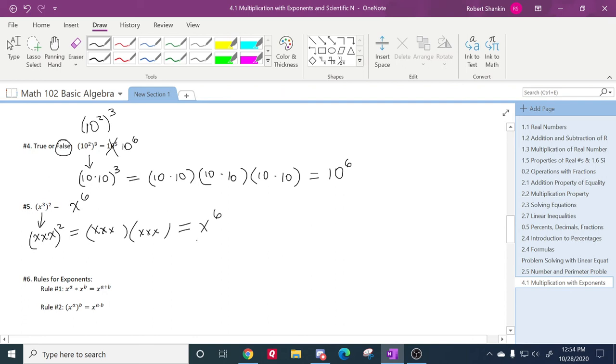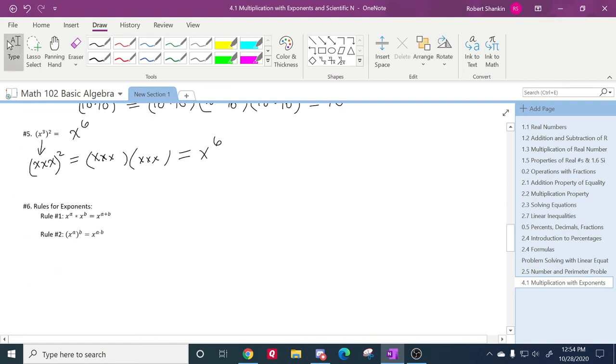Okay, so we wind up with 2 rules for exponents. When you're multiplying and the bases are the same, we add the exponents. And here we have a fancy way of saying the second one. We just say power to a power, multiply. So the first one, we repeat what we said before.